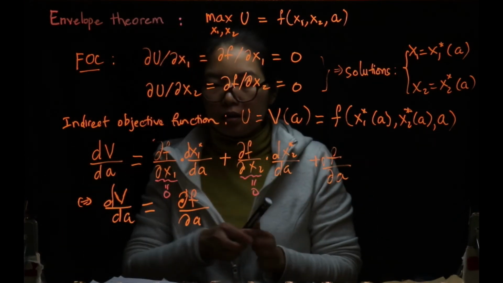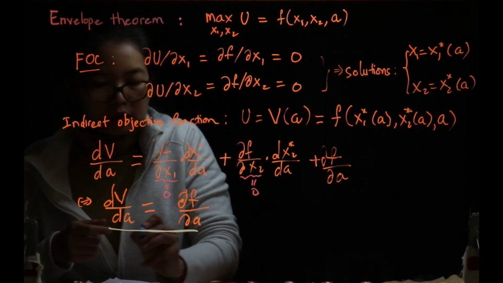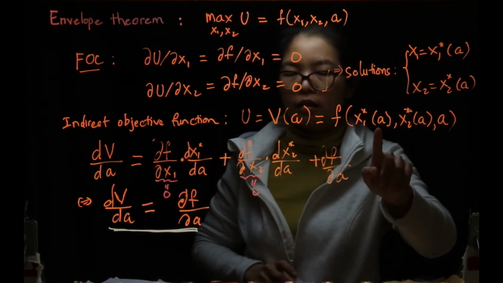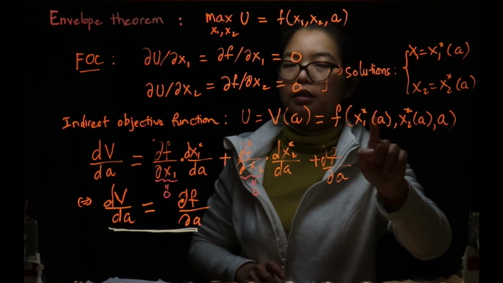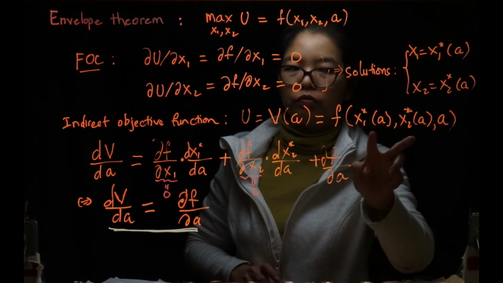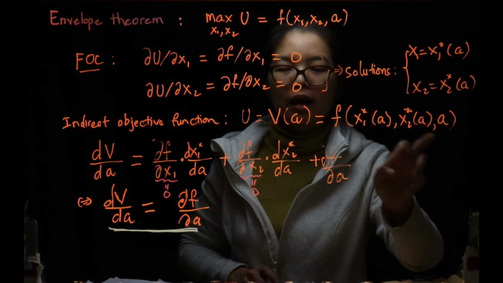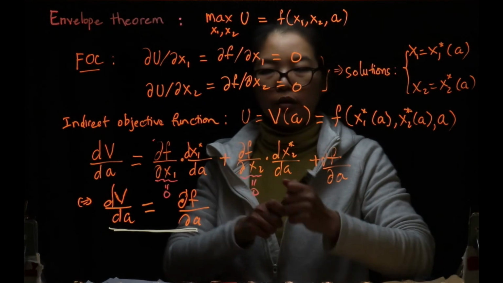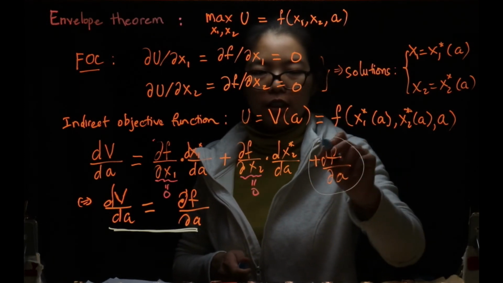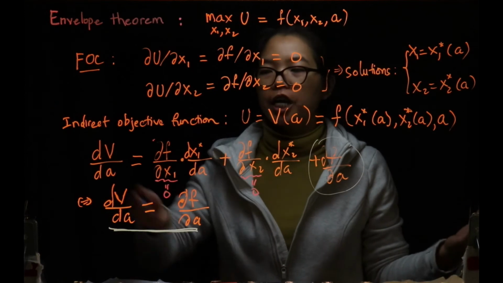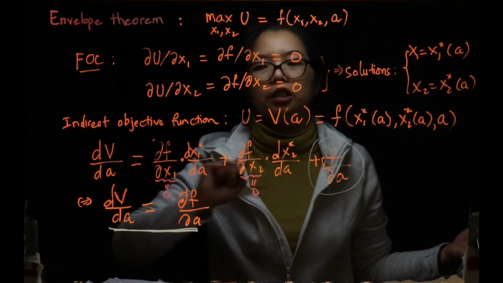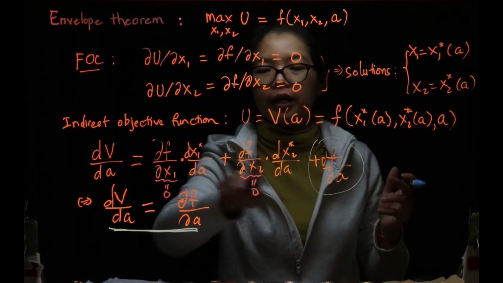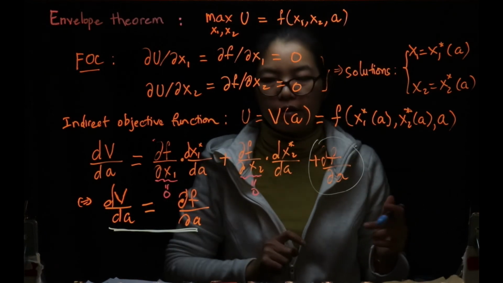So it simply tells you that even though a entered this objective function, or this indirect objective function, in 3 different places, at the end, only its direct effect on the function, which is this term, matters for the change in v when the parameter changes. And we can ignore this indirect effect via other variables.